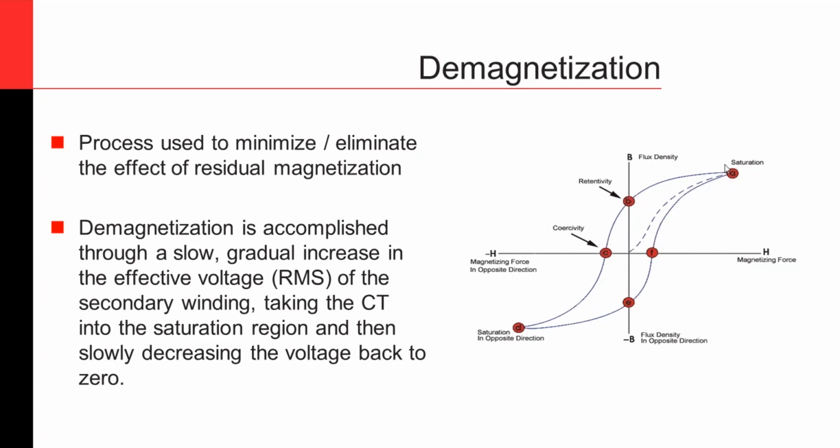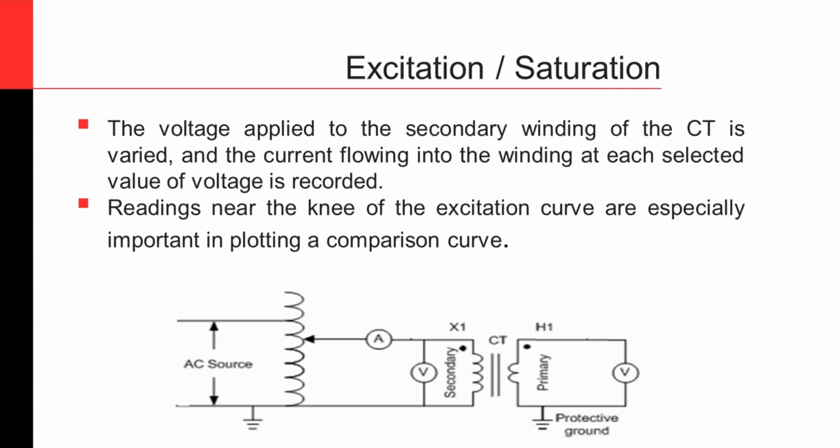You gradually increase the applied voltage across the secondary and push it into the saturation area, completely saturated, and then you slowly reduce it and bring it to the 0 point here. So you saturate it completely and then slowly bring it down to the 0 point, and this process is called demagnetization.